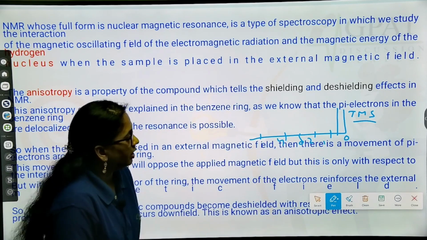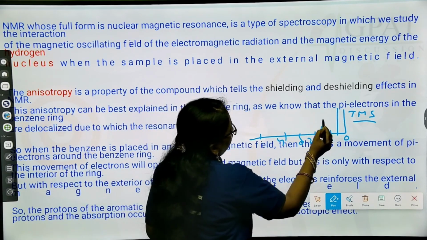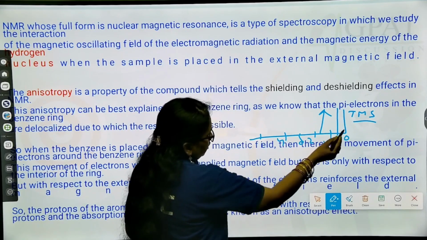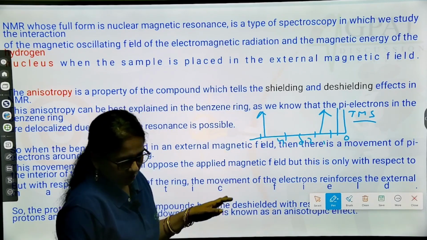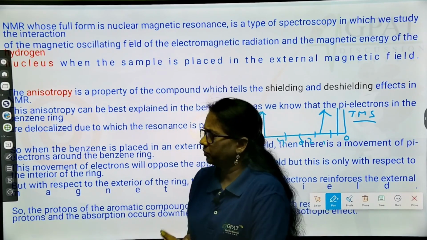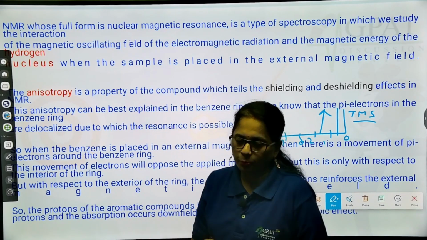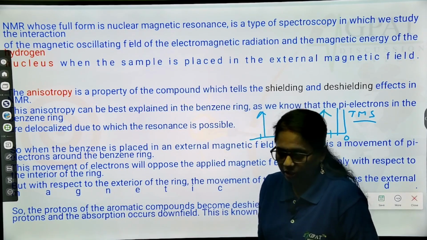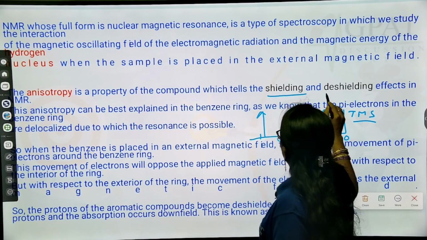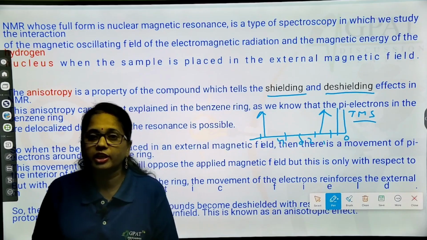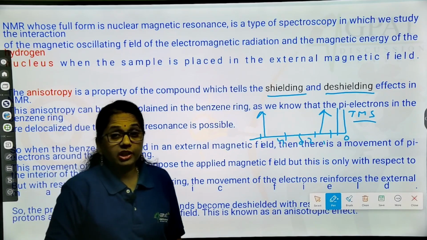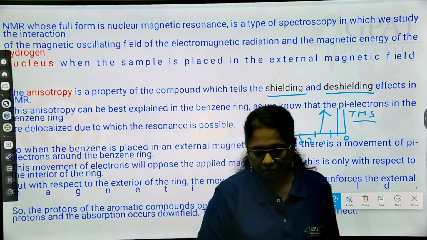Towards the TMS, away from the TMS, different types of peaks we are going to observe based on the type of the molecule. So what this anisotropy is going to tell you is the information related to the shielding and de-shielding effects in the NMR.